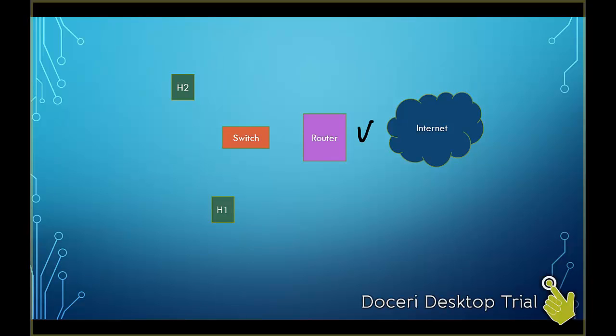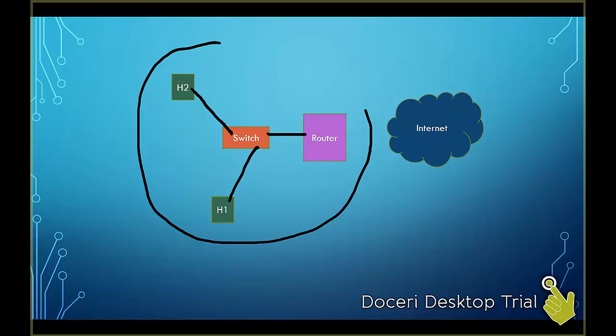Typically you have a home router at home, and you have a switch that allows multiple devices to get connected to the router, and you have individual devices like this. So the devices get connected to the switch like this, and then the switch is connected to the router. So this constitutes basically your home network right here.